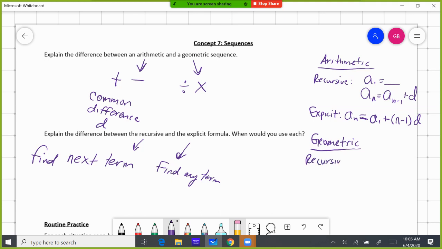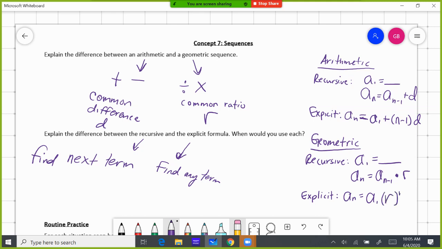The recursive formula is state the first term, whatever it is, and then to find the next term, you use the previous term and you multiply by the common ratio. Okay, so for geometric, the pattern is the common ratio, and you use the letter R. And the explicit formula for a geometric sequence is a sub n is equal to a sub 1 times r to the power of n minus 1.